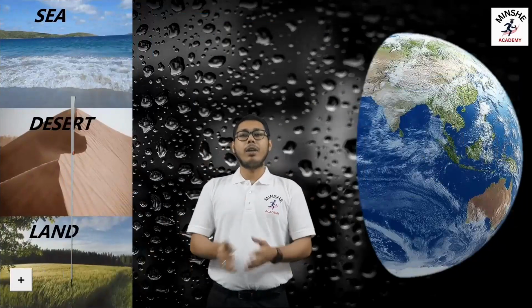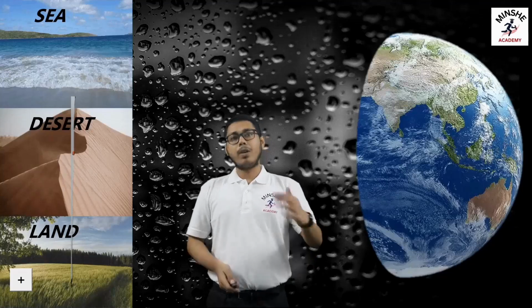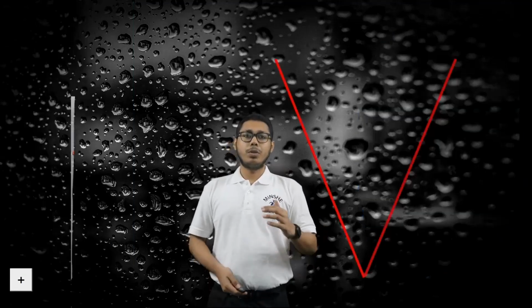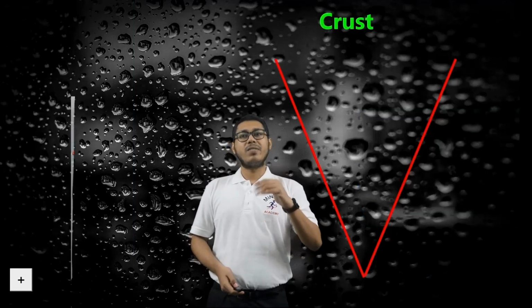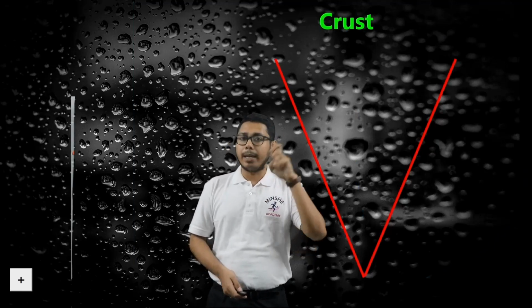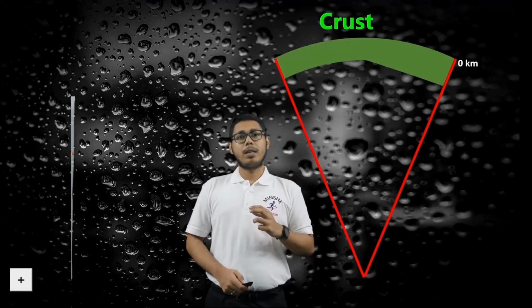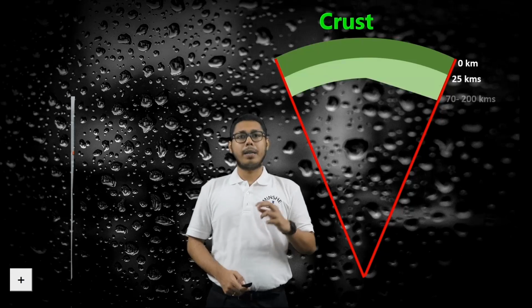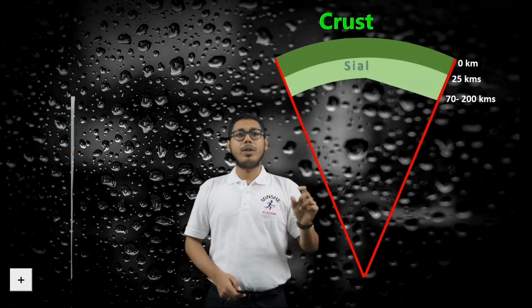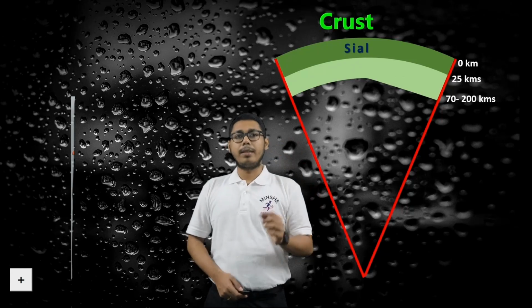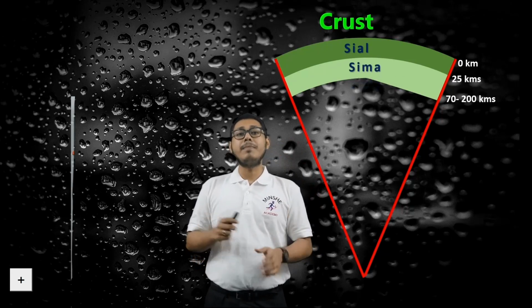Basically this is the covering of the Earth's surface, right? Now this is divided into 2 parts. The crust is divided into 2 parts chemically. The first part is known as Sial. The second part is known as Sima.